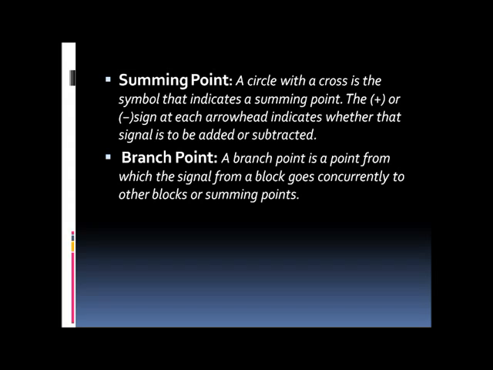That's the summing point. Then you have a branch point. A branch point is a point from which two or more signals go concurrently to other blocks or to a summing point. So at a branch point, you'll have a minimum of two signals going out from it. That's the branch point.